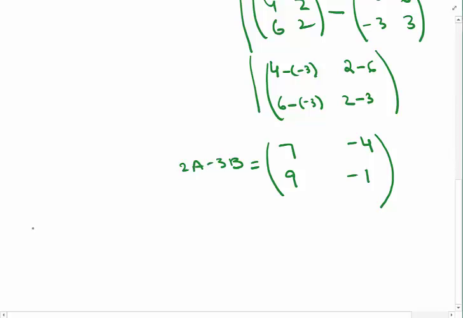Alright, let's do one application problem, where we need to multiply a matrix by a scalar.